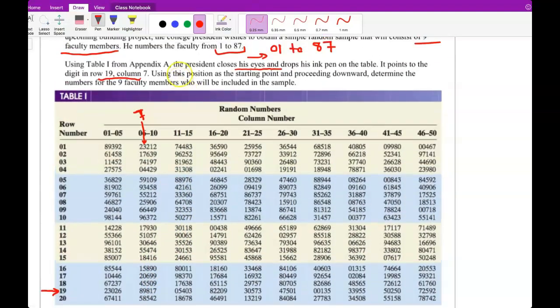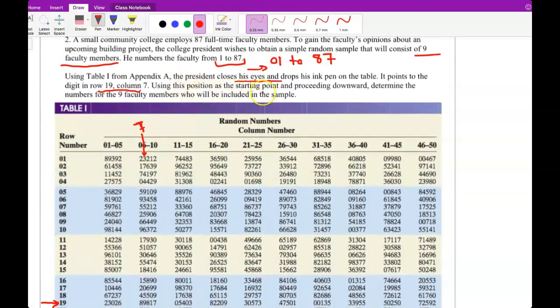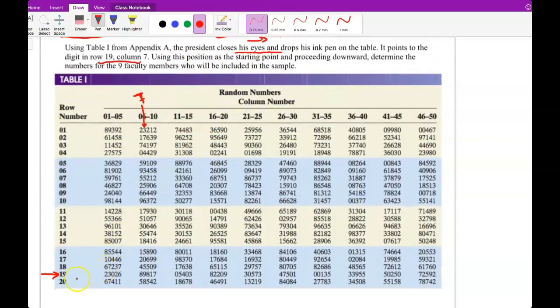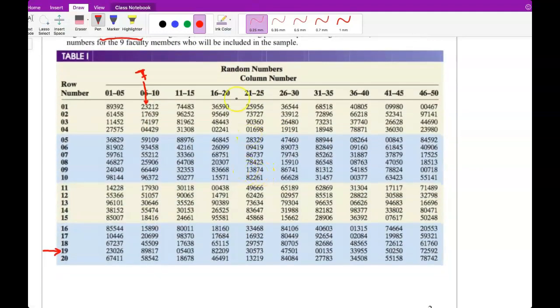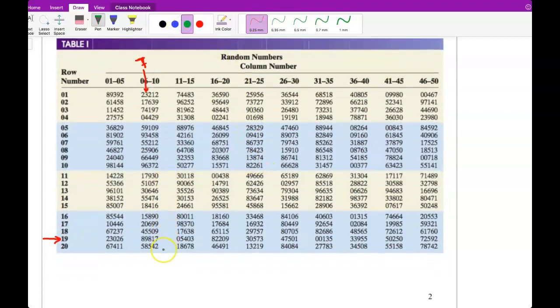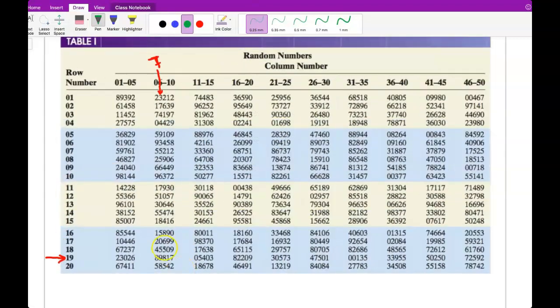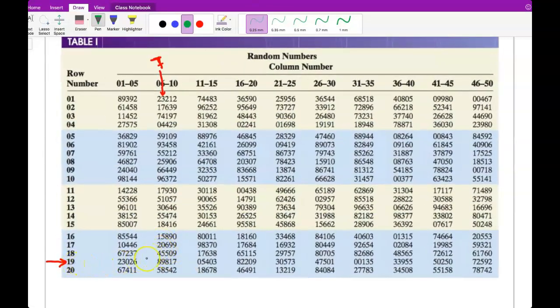Using this position as a starting point, so this row 19 and column 7 is the starting point, and proceeding downward, determine the numbers for the 9 faculty members who will be included in the sample. Okay, row 19, column 7.